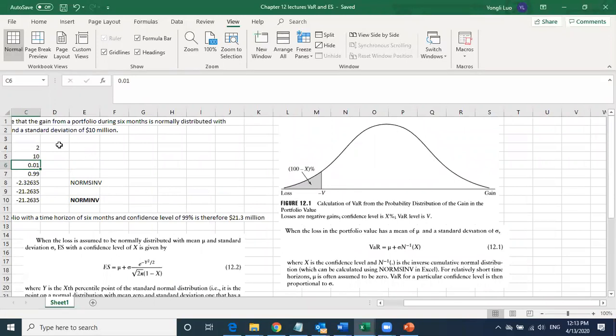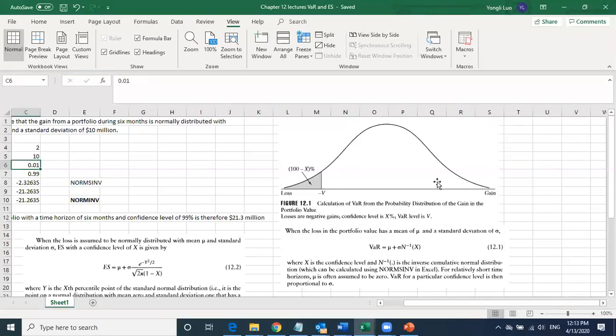So we assume that the gains during 6 months are normally distributed. So remember, we have a historical histogram. This curve looks like the normal curve, right?